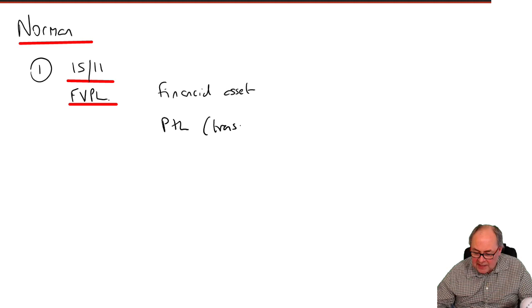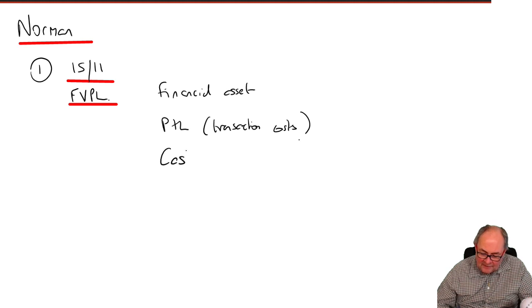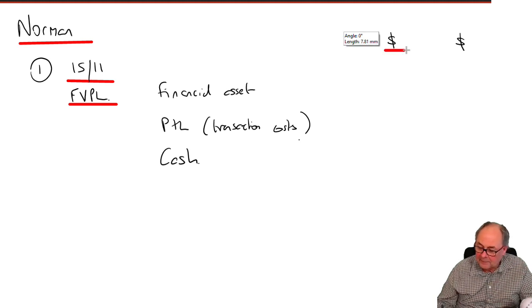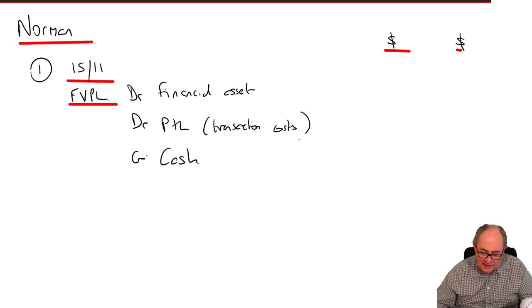That's the transaction costs. And we're also going to have a movement on cash. I'll do this in single dollars. So financial asset goes up, item of expense, and cash goes down.